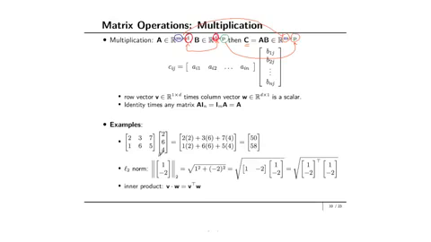So I've got two matrices down here. I've got this matrix which is in R^(2×3): 2 rows, 3 columns. This is a vector, but I'm going to treat it as a matrix which is in R^(3×1): 3 rows and 1 column.